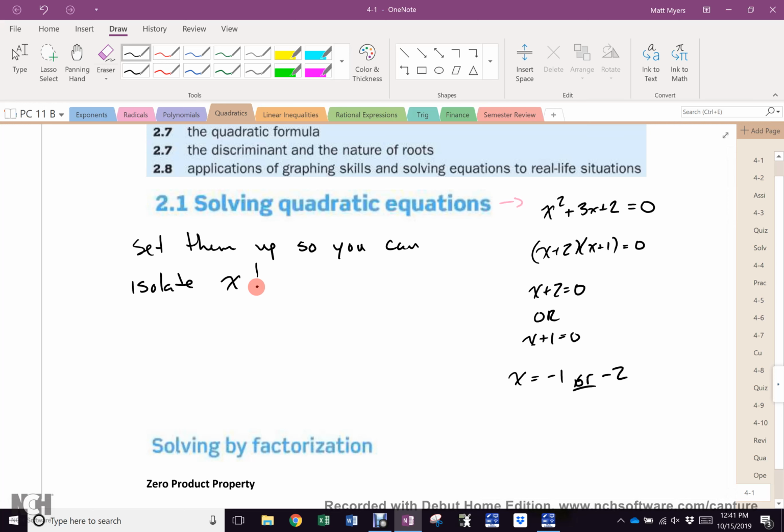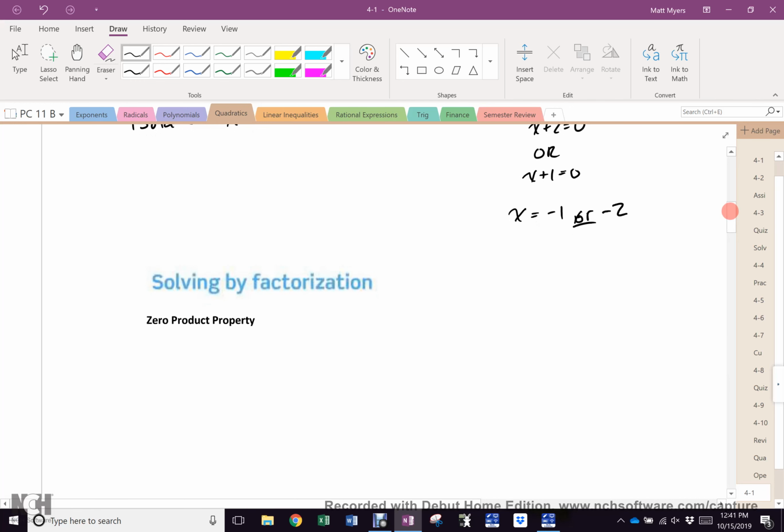Okay? Remember, the zero product property. The zero product property is this: A times B equals 0. What does that mean? That either A has to equal 0 or B has to equal 0, no matter what they are.